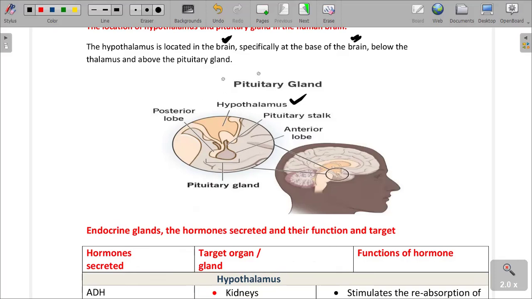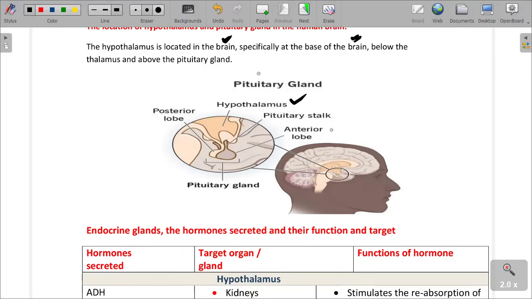You can see the hypothalamus is located in the brain, and there is a pituitary stalk. The pituitary stalk is just a part of the hypothalamus that connects it to the brain.